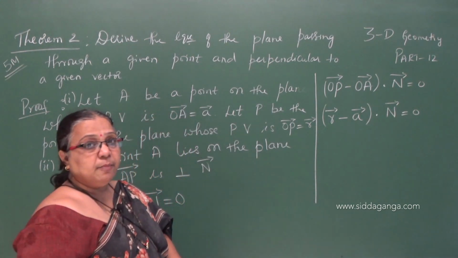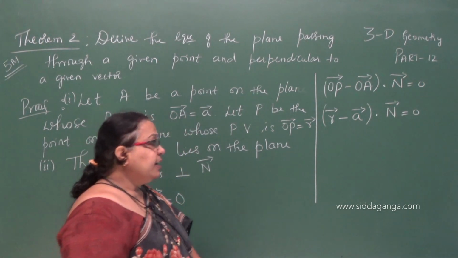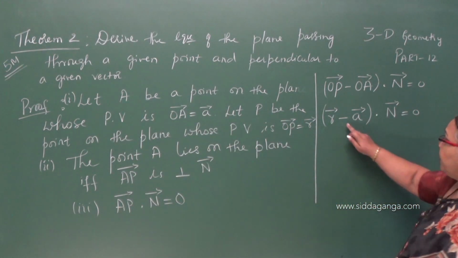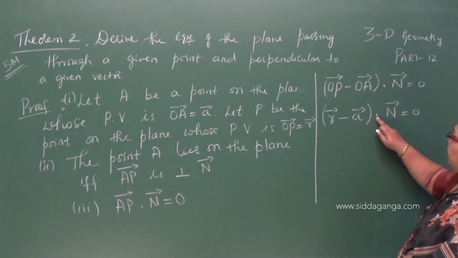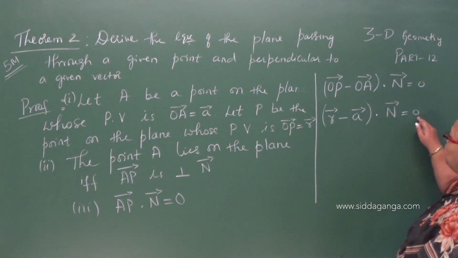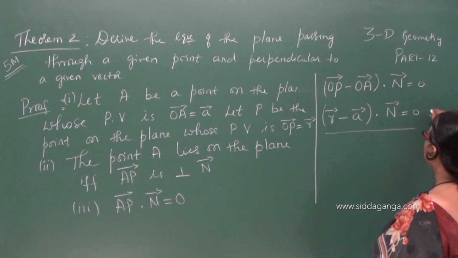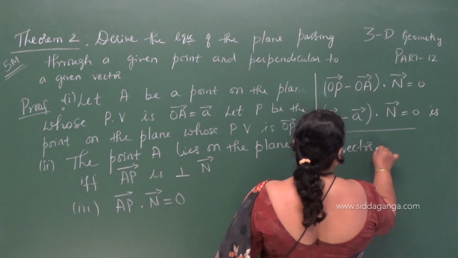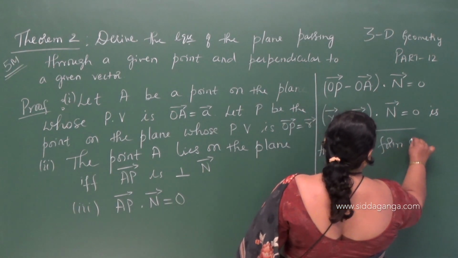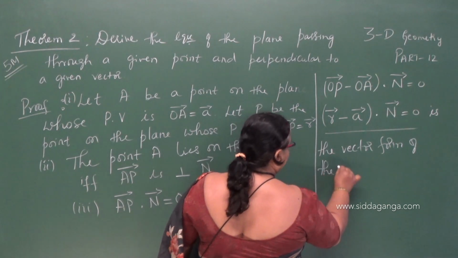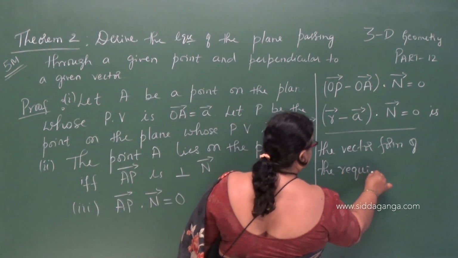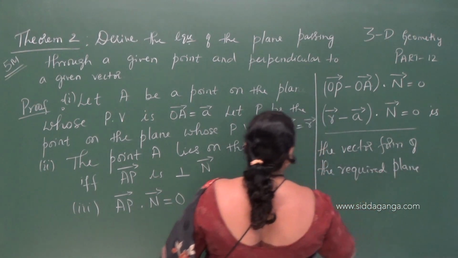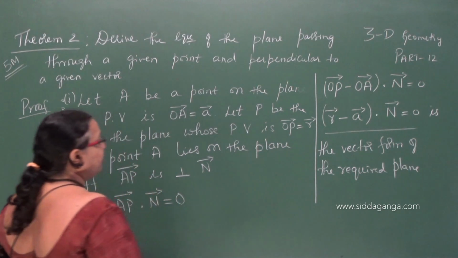In vector form, the plane equation is given by vector r minus vector a dot vector n equal to 0. This is the vector form of the required plane.